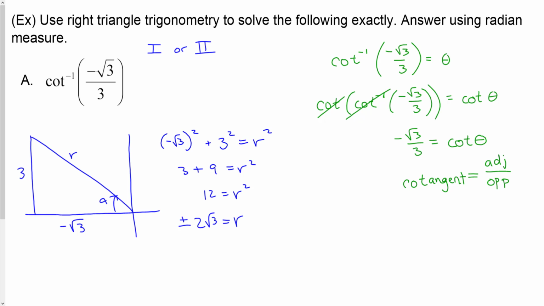And because r is always positive in trigonometry, this is going to just be 2 root 3. Now, if I divide everything through by the square root of 3, then I end up with negative 1 here, root 3 here, and 2 here. So I'm in the ratio of sides of 1, root 3, 2. So this is the ratio of sides of a 30, 60, 90 triangle.